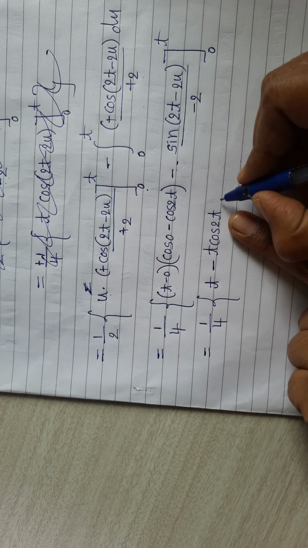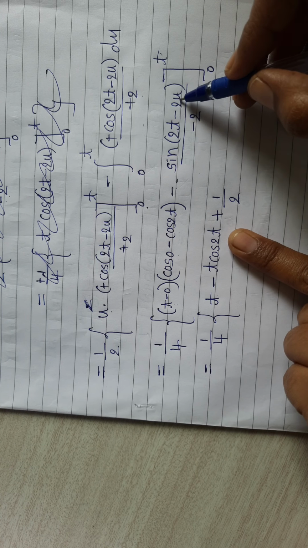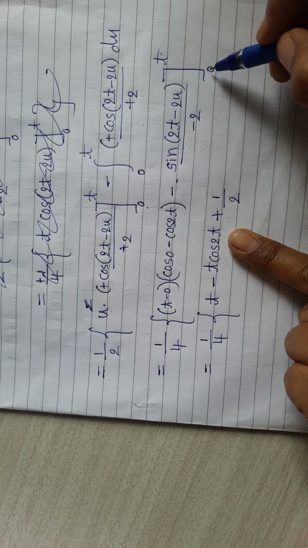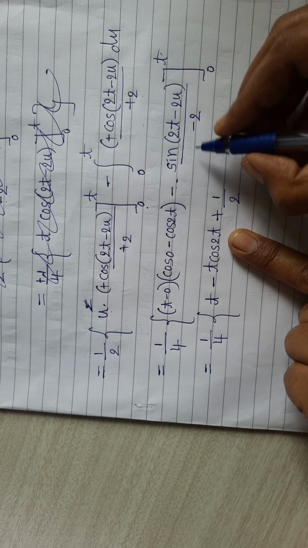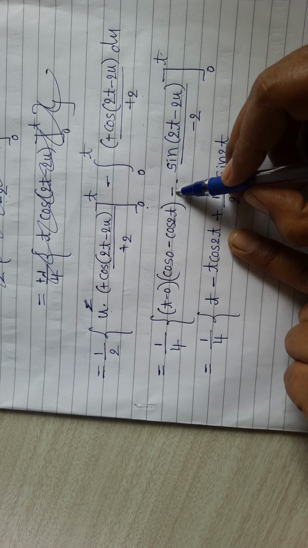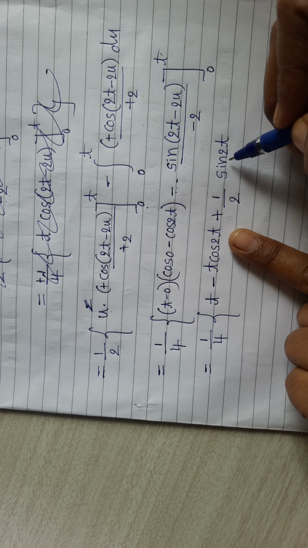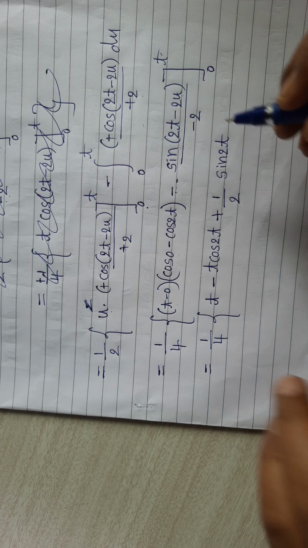Then here minus into minus is plus 1 by 2. Substituting the upper limit, 2t minus 2t is 0, and then substituting the lower limit it will be sine 2t. So this minus, and substituting the lower limit you are multiplying by another minus. So in total it becomes sine 2t.